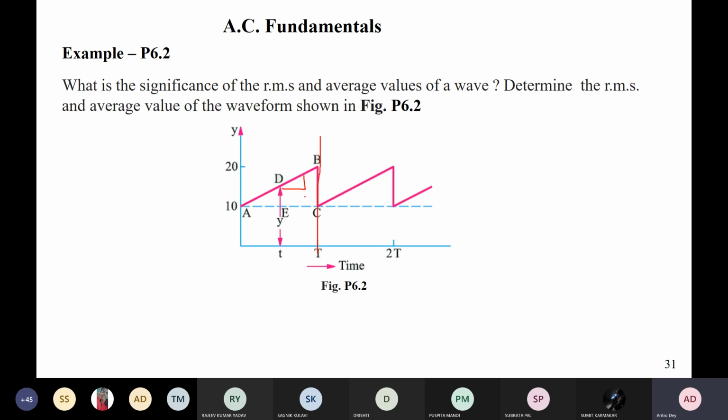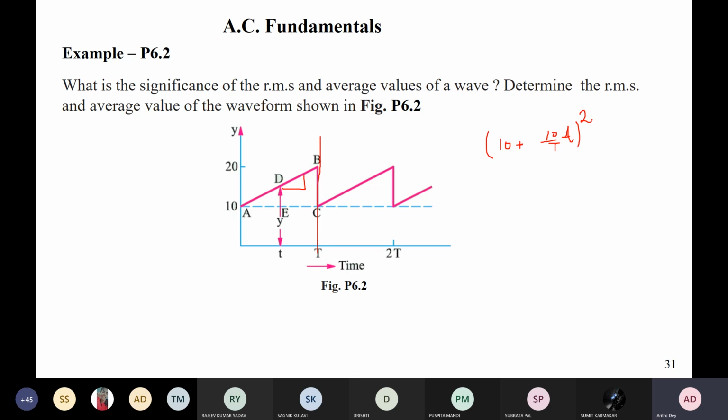So 10 by 10, so slope is equal to 1. So we can write it as 10 plus 10 by T into small t. If we have to find out the RMS value, this is your expression.